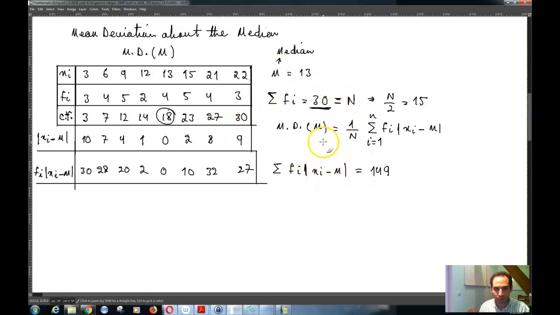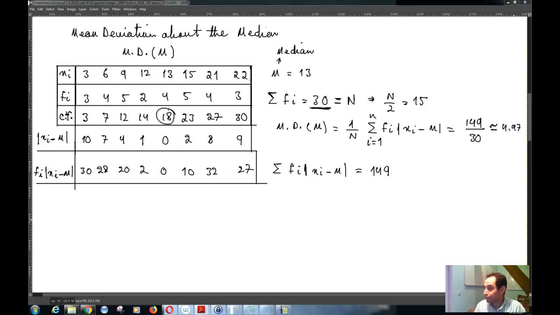So this is going to be 149 divided by 30, which is about 5, 4.97 to be exact. So that's how you solve this kind of problem.